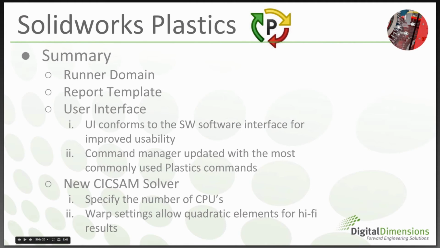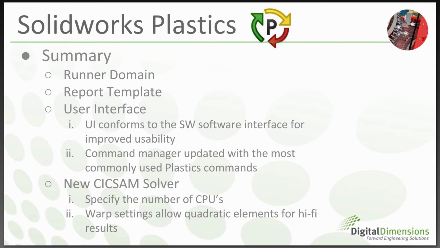So in summary, what we talked about was the addition of the category for the runner domain being added to the existing domains. And then we talked about the improved report template in Word and all the enhancements for improved readability. We touched on the user interface, so now the UI conforms more to the SOLIDWORKS software interface.